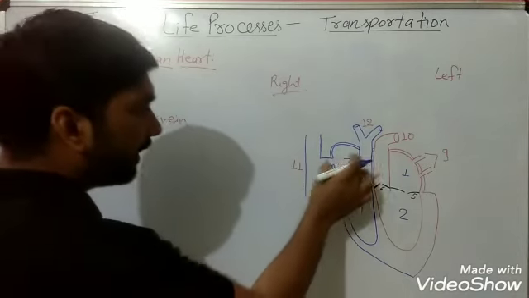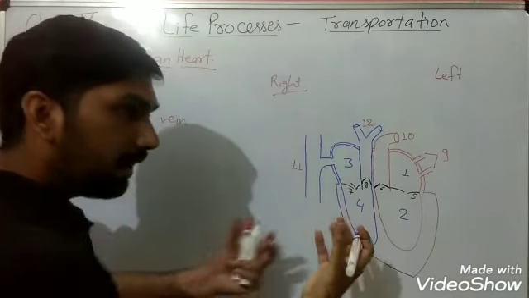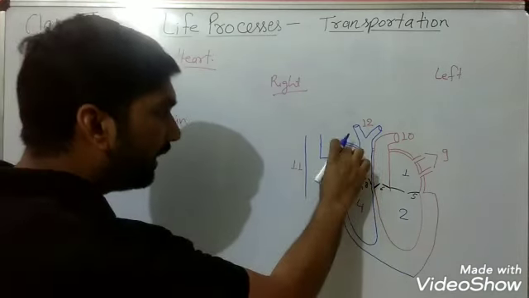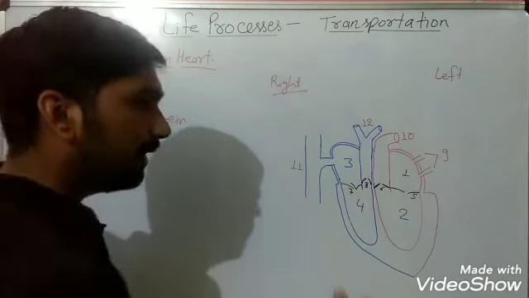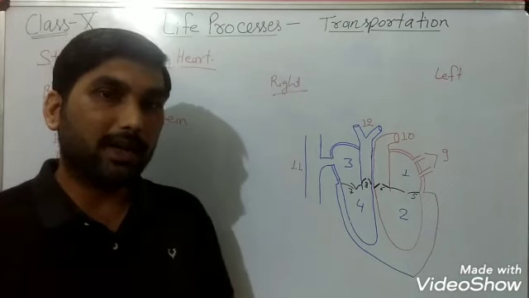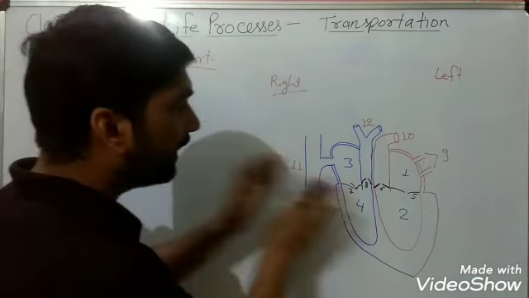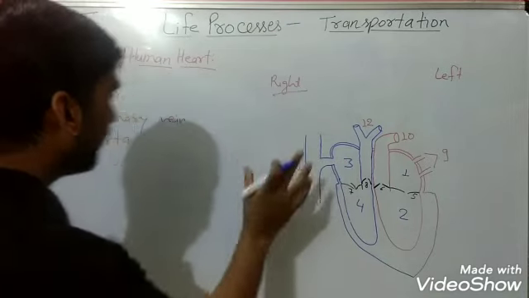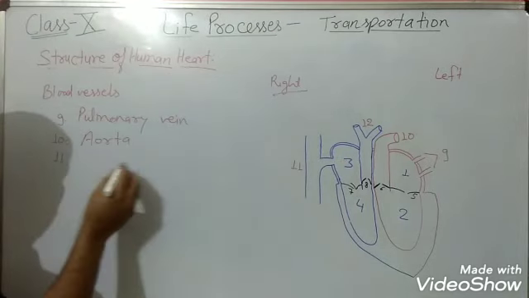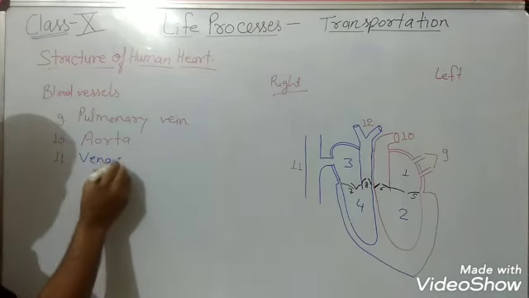Now number 11. This is the right side of the heart, and it is receiving deoxygenated blood. The deoxygenated blood is carried from the upper part of the body and from the lower part of the body. This main vein going towards the heart is known as the vena cava.